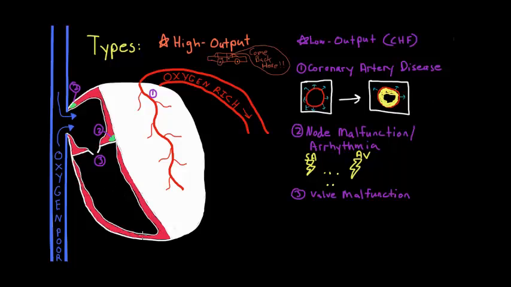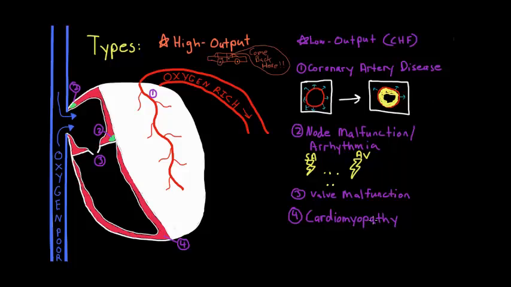So the last thing I want to talk to you about here is the myocardium. So the myocardium is this muscle that surrounds the chambers that we've been talking about. So we can get problems with the myocardium, and when something goes wrong with the myocardium, we say that patient is experiencing cardiomyopathy. So let's break this word down real fast.